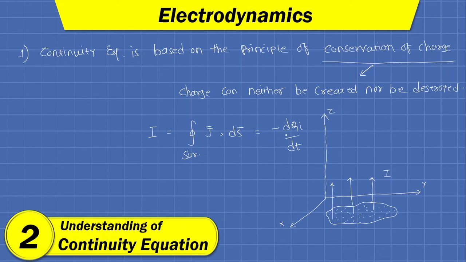Fine. So this is our first relationship. I equals the closed surface integration of J bar dot ds bar, which can be imagined as the decrement of charge enclosed by this closed surface. Fine. And this form of relation is called the integral form of continuity equation.